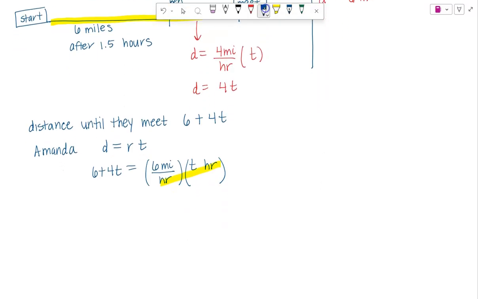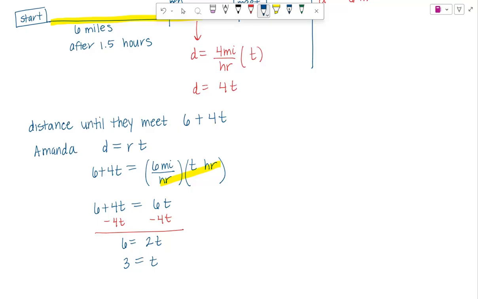And so the equation we're trying to solve is 6 plus 4t equals 6t. If we subtract 4t from both sides, we're getting that 6 is equal to 2 times t. And it looks like we're going to get t is equal to 3 hours.